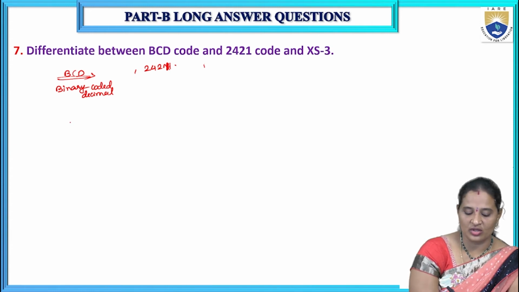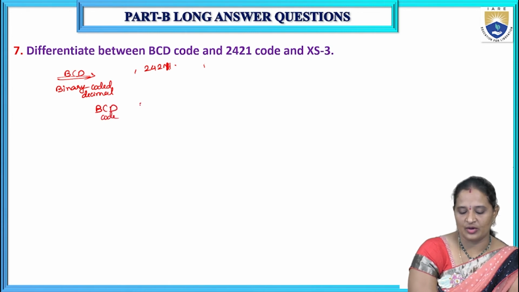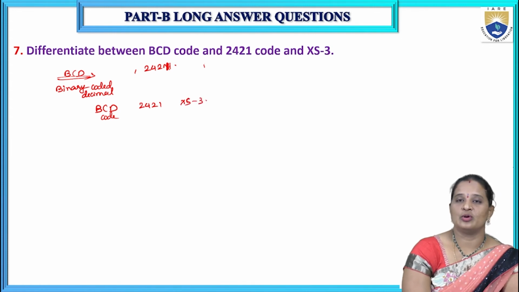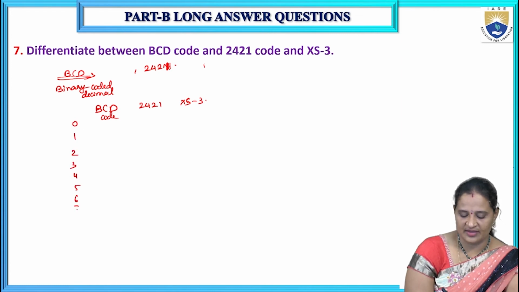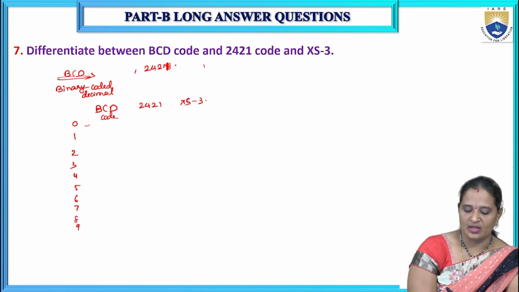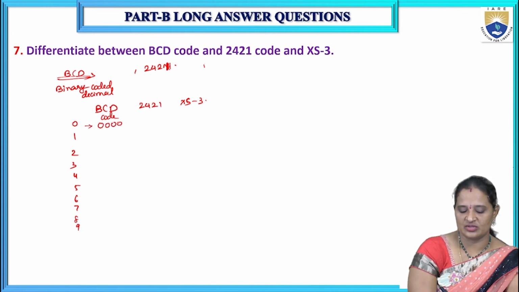And then draw the truth table for BCD code, 2421 code and then XS3 code. Write down the decimal digits 0, 1, 2, 3, 4, 5, 6, 7, 8, 9. So BCD code for this one is 0000, 0001.